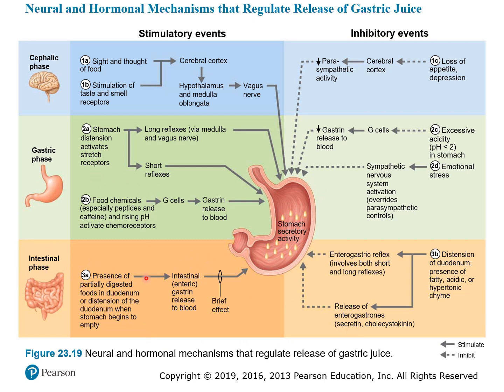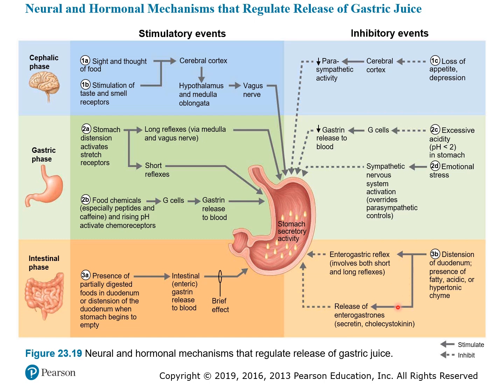I said that initially, for a very small period of time, the gastrin is released by the intestinal cells, which cause the release of gastric juices from the stomach as well. And then after that, there is an inhibition, and the distension of the duodenum, presence of the fatty chyme, presence of the acidic chyme, presence of the hypertonic chyme in the duodenum, it causes the enterogastric reflex, both short and long.